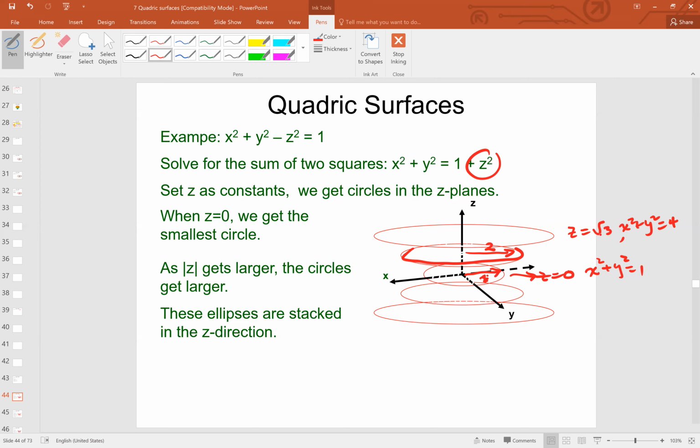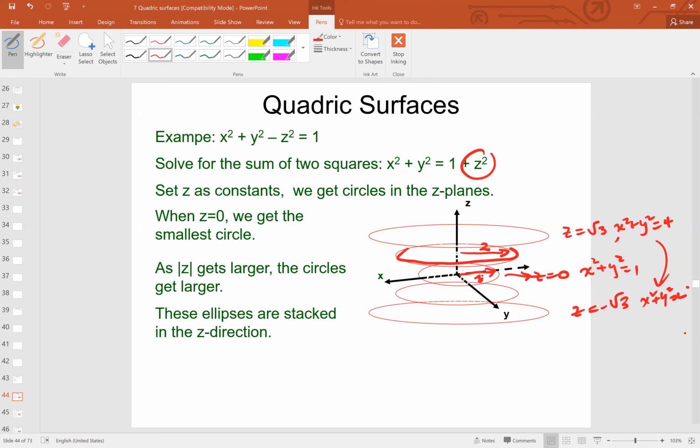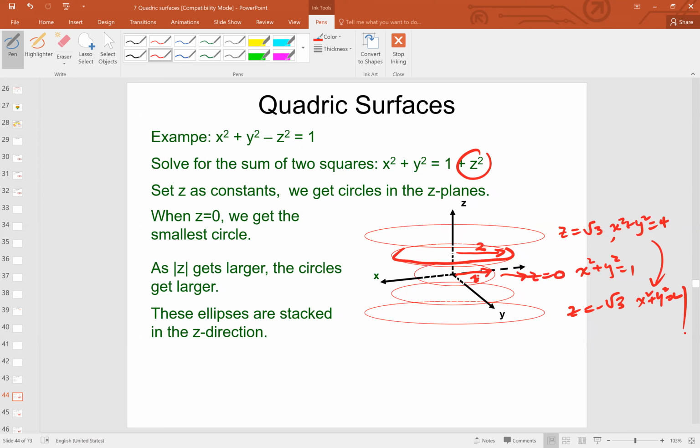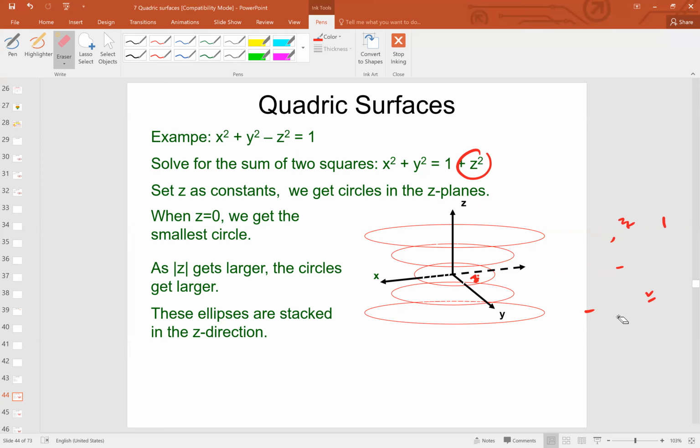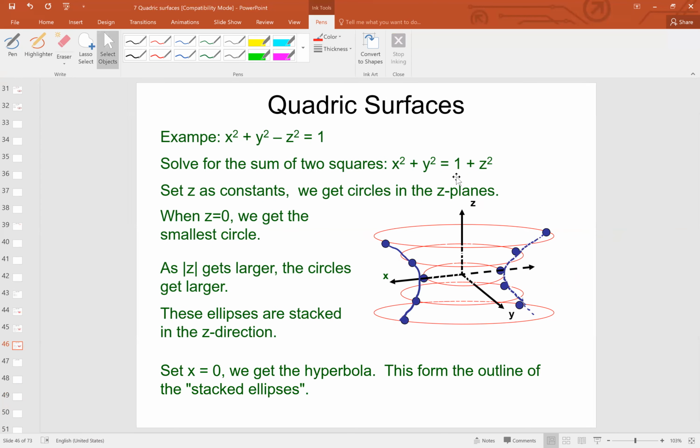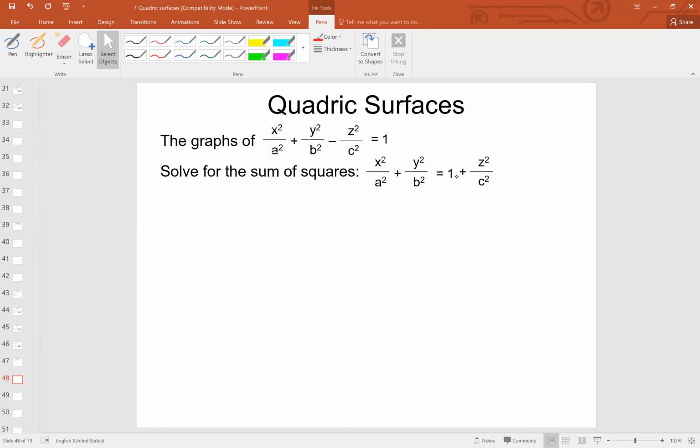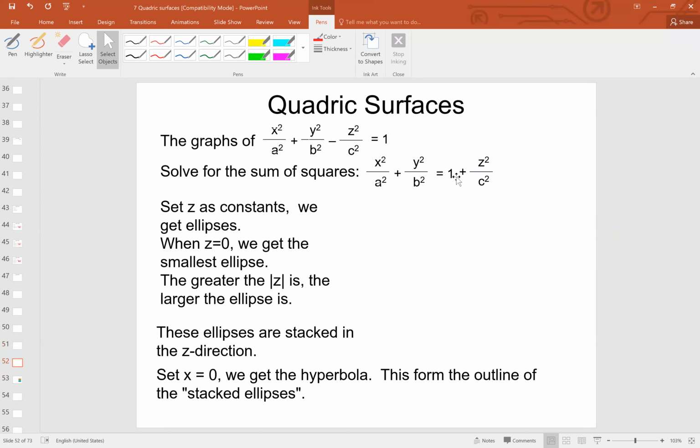On the negative side you have exactly the opposite: z equal to negative square root of 3 gives the same equation, x squared plus y squared equals 4. Hence you get rings of circles stacked together, but they come to a pinch point. They become narrow in the middle. They look like the following shapes.